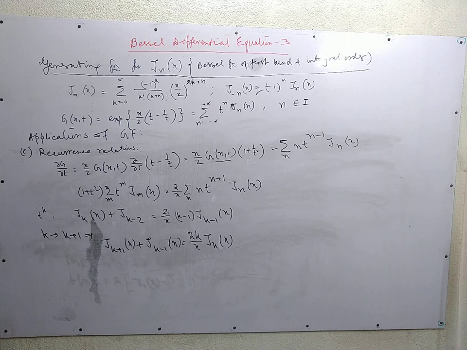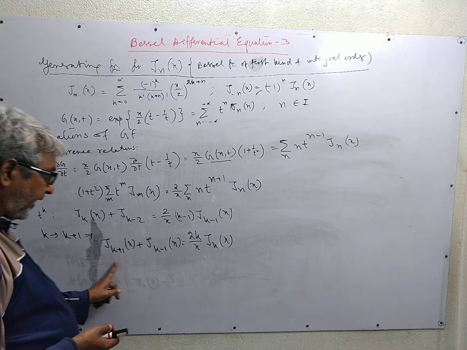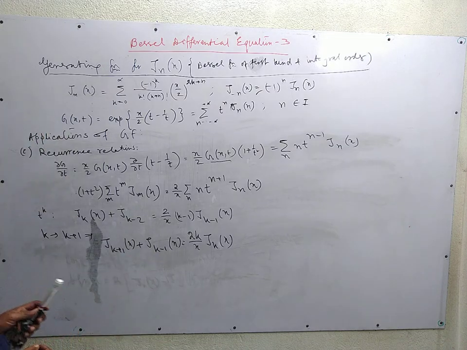Since the relation of the generating function holds for Bessel functions of integral order only, this derivation is valid for integral values of k. Later on we shall show that this relation is also valid when k is non-integer.